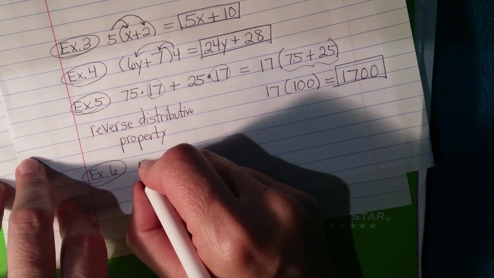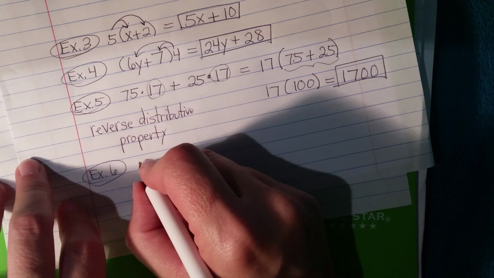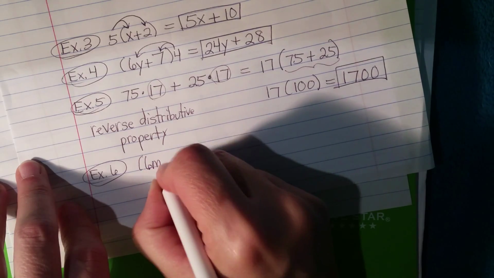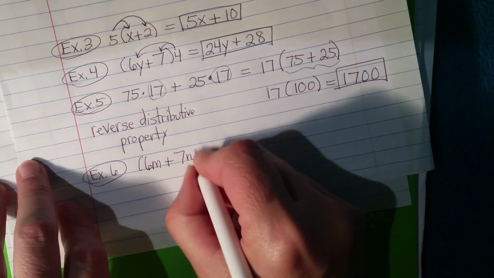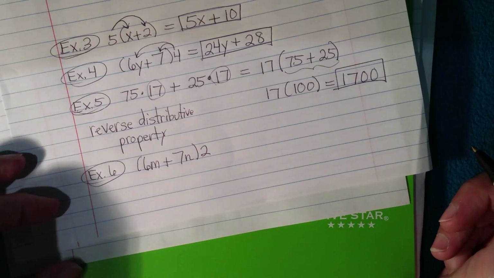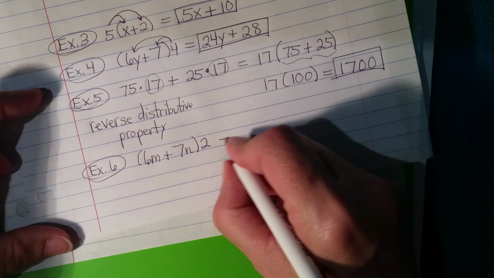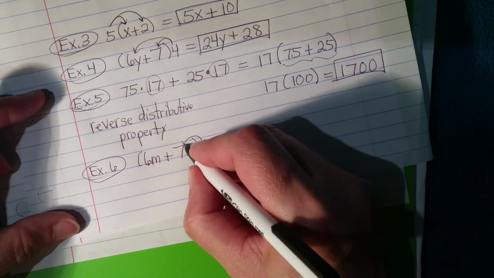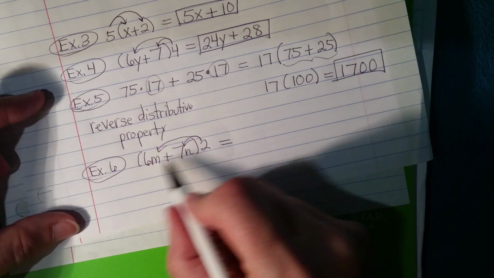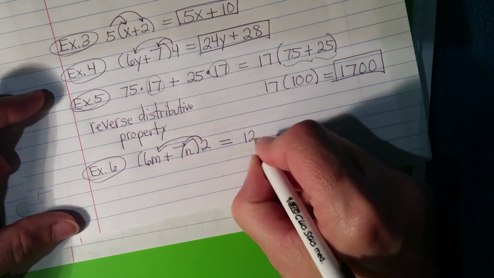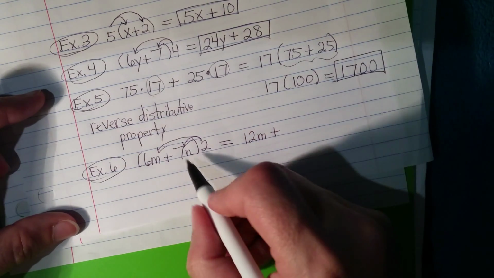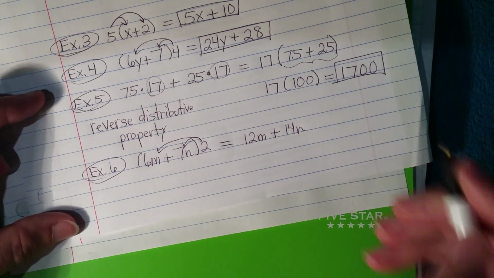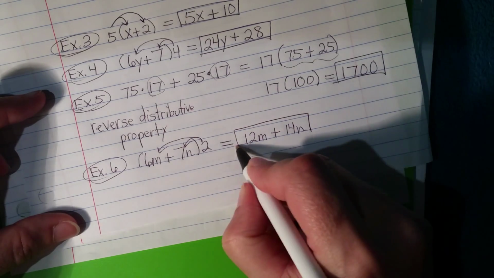Let's go ahead and actually do the 6m plus 7n, that's sum times 2. Okay, so 6m times 2 is 12m, plus, and then 7n times 2 is 14n, and those can't be added, so that's as far as you go.